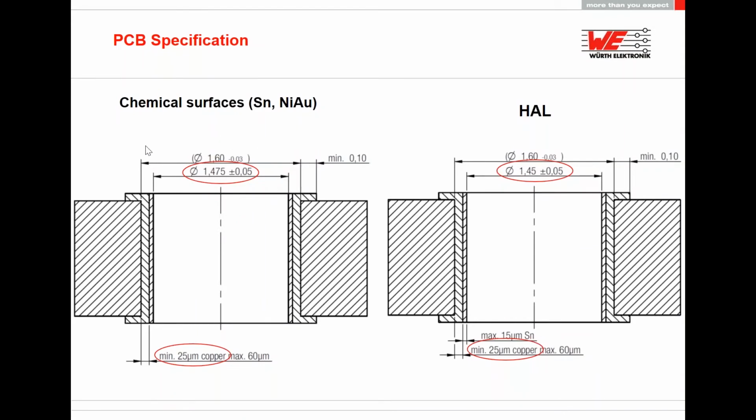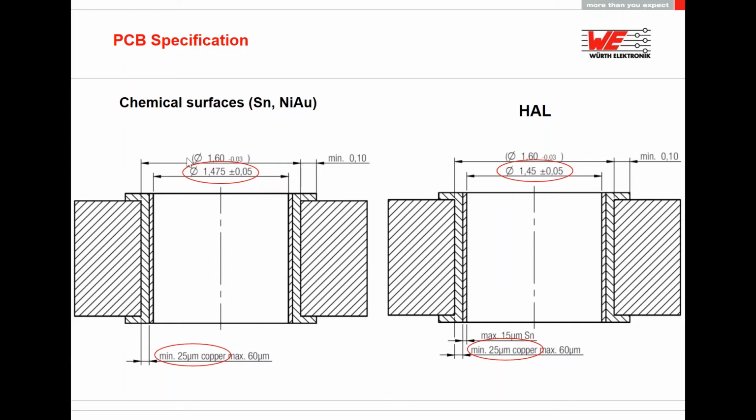We have this specification for chemical surfaces like nickel gold, and for chemical tin. And here is the specification for hot air leveling. And you can see here the via is smaller because you automatically generate more tin during the plating process.